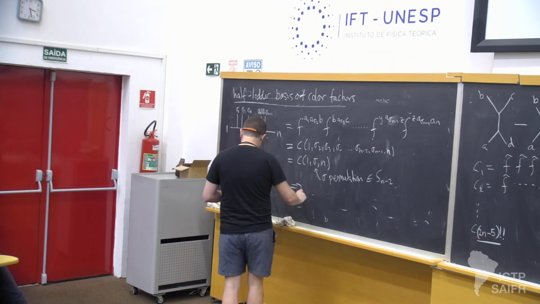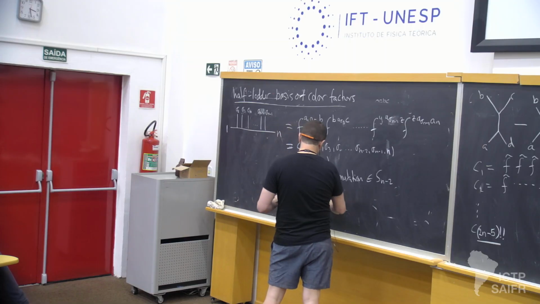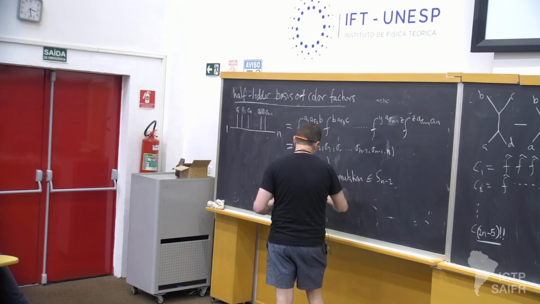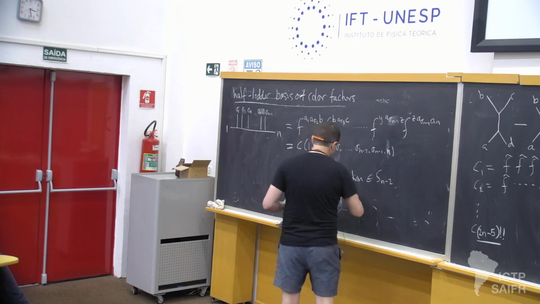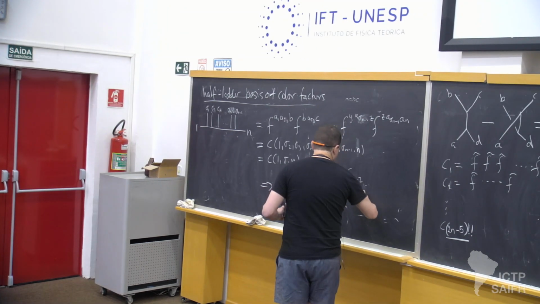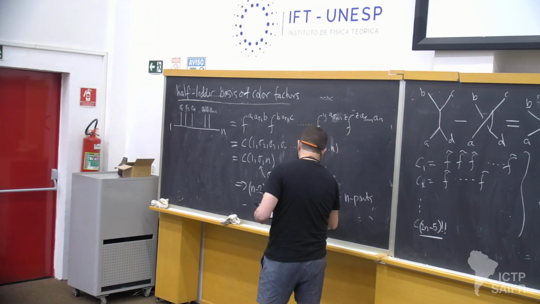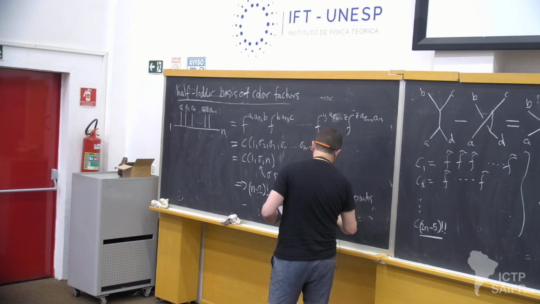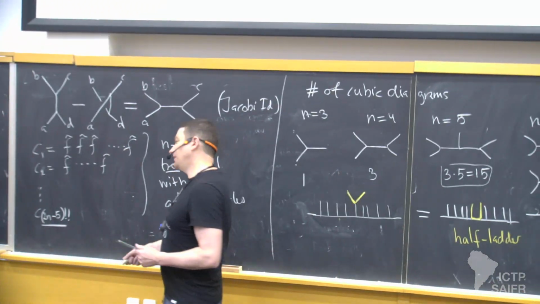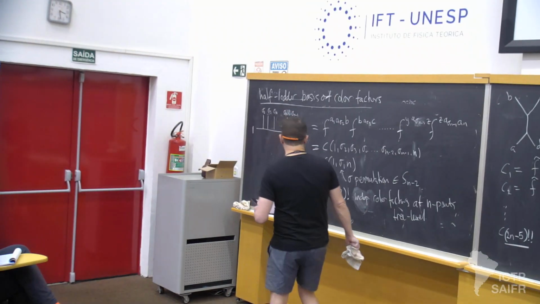So there are precisely n minus 2 factorial independent color factors at n points and tree level. If you ask the same question at L loops, then I don't know if there's an answer to how many there are. You have to work it out.